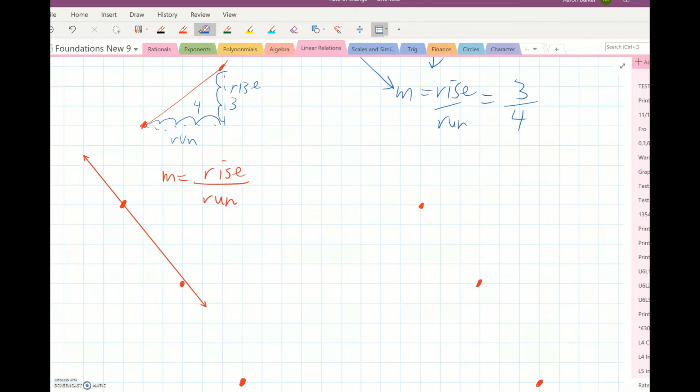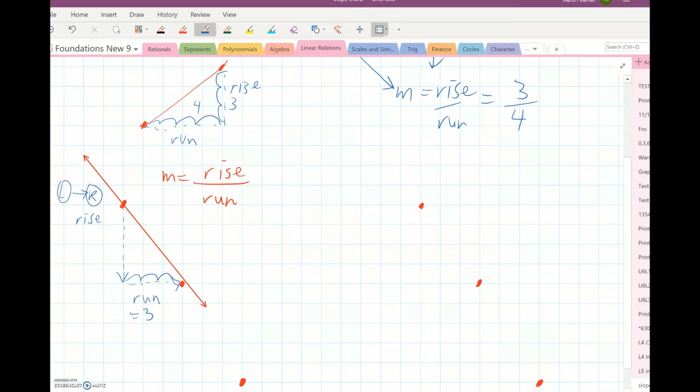Okay, and so I can draw my triangle. Now this time, in order to get to the bottom point, I have to go down this way and over this way. So you want to count in this direction, like you read a book from the left side to the right side. My run is easy. My run equals 1, 2, 3.